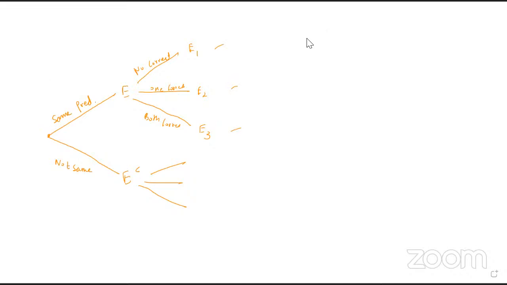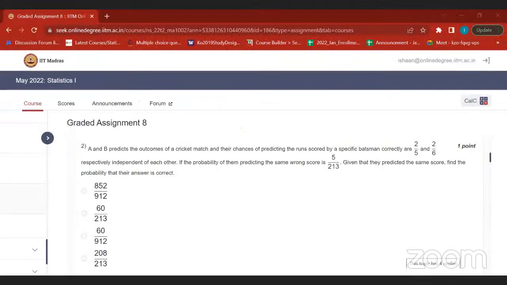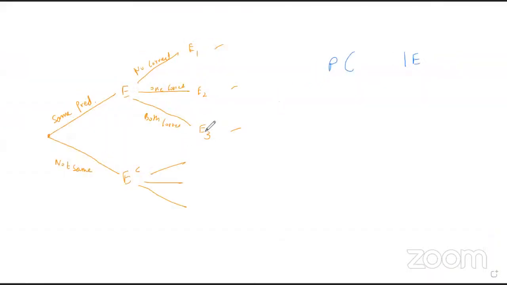What we had to compute was: given that they predicted the same score, find the probability both are correct. Given E, you need to find E3, right?